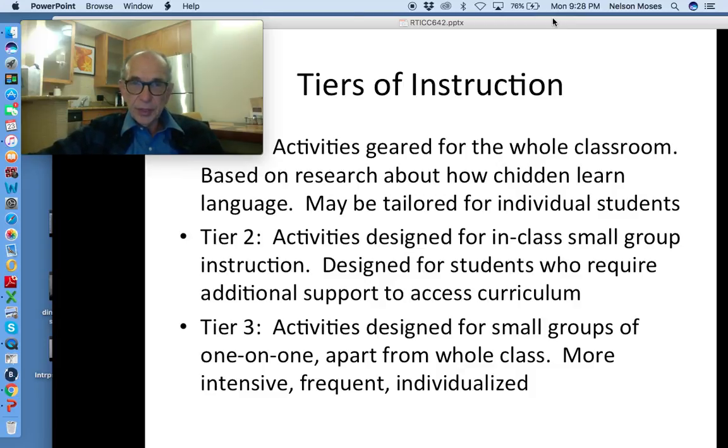So we have Tier 1, Tier 2, Tier 3. Speech language pathologists can operate at Tier 1, working with the whole classroom, keeping kids integrated into a typical classroom.